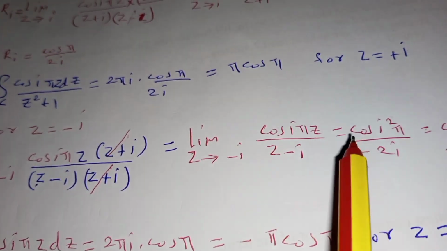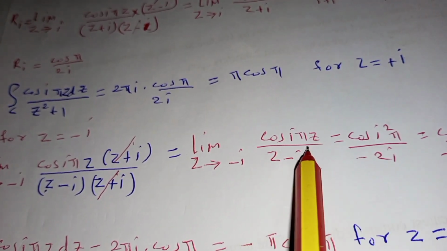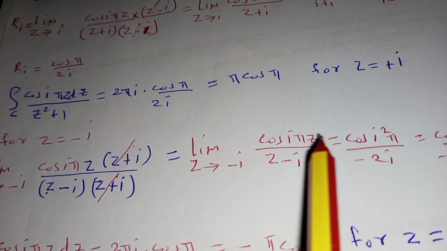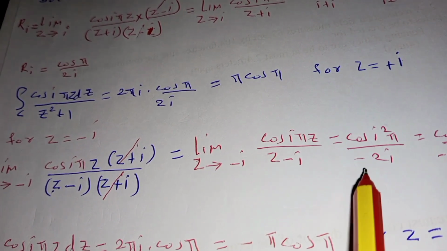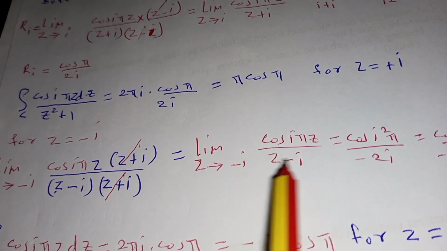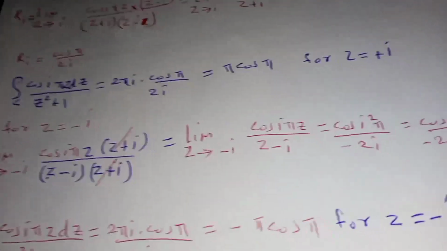You substitute where you have z with negative i. The numerator gives you i times i, which is i squared. The denominator gives you negative i minus i, which is negative 2i.